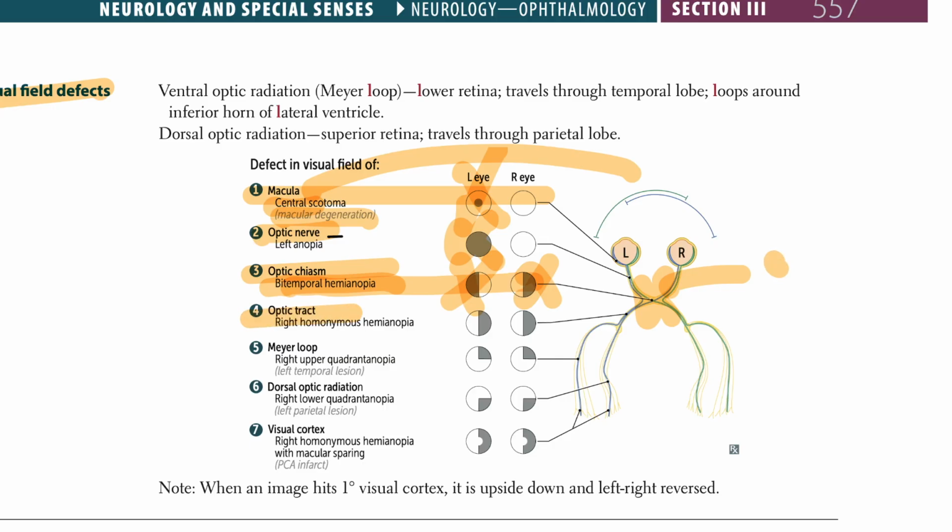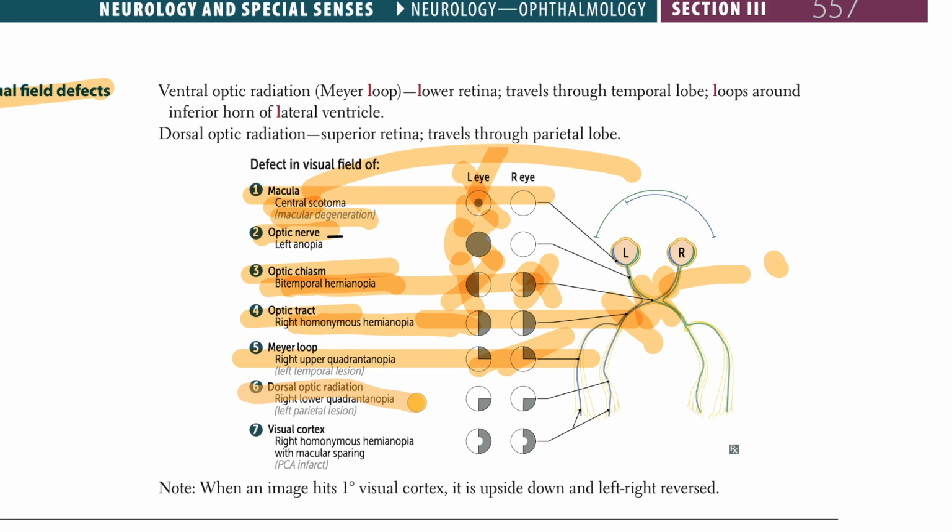Optic tract. Now this is the optic tract. You knock this out, you're going to get right homonymous hemianopia. Okay. Right homonymous hemianopia. With the Meyer's loop, this is the Meyer's loop, that's the pie in the sky.